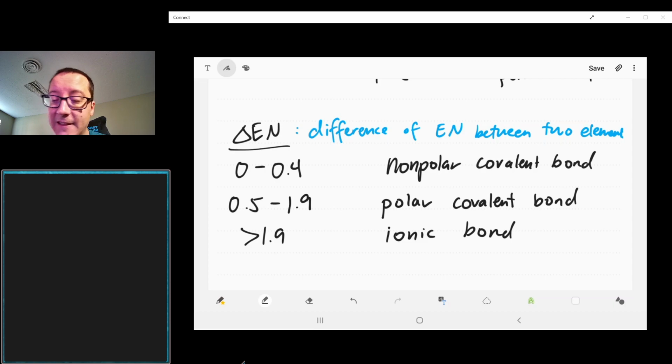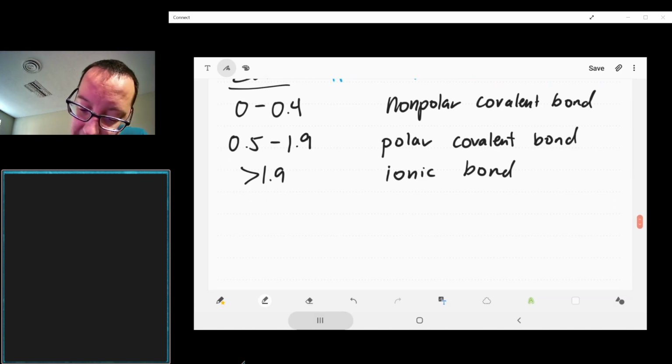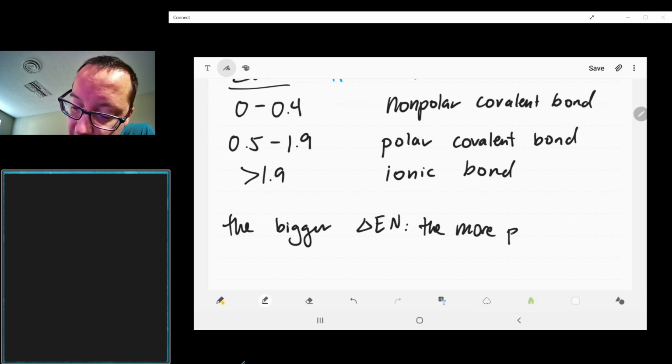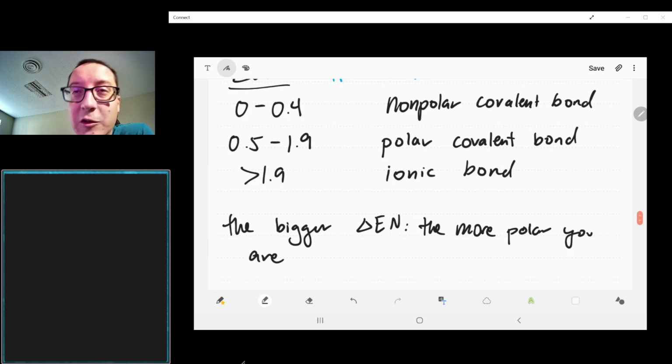Though in reality, these are a spectrum. The best way to describe it, though, is the bigger your change in electronegativity is, the more polar the bond is.